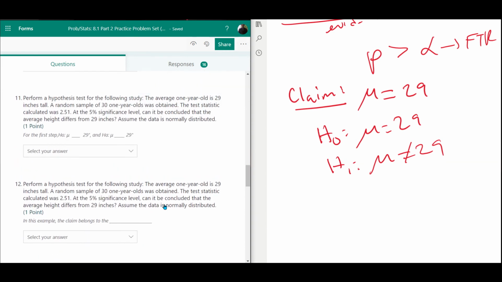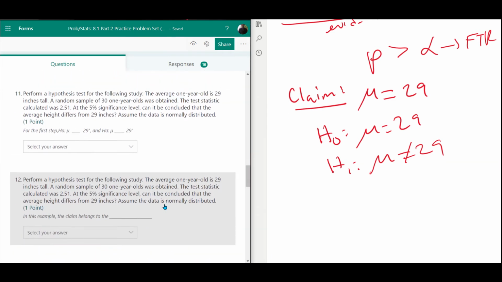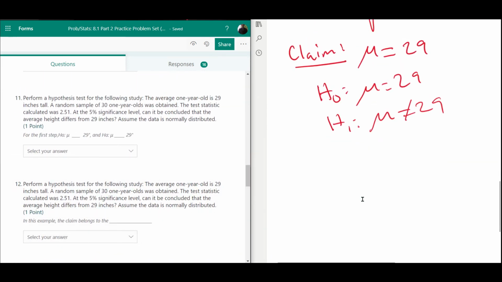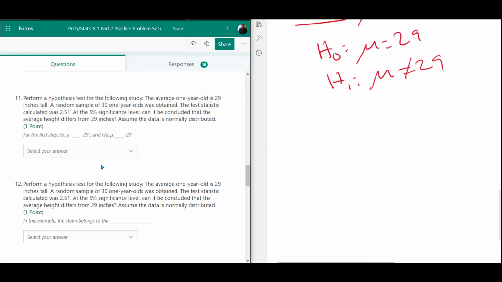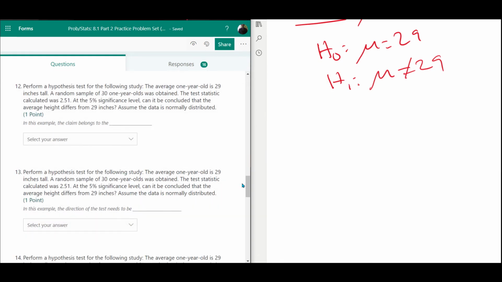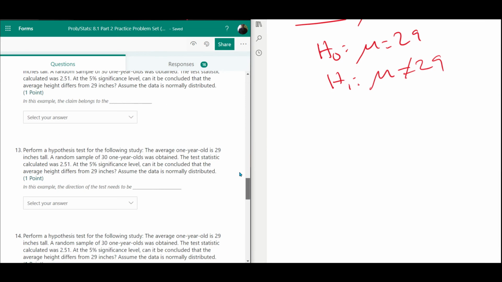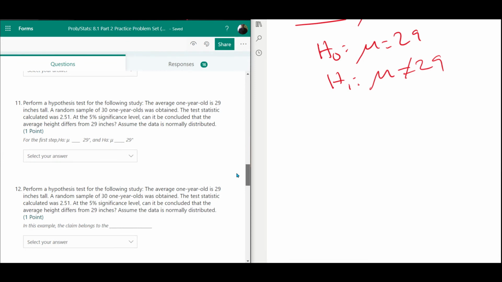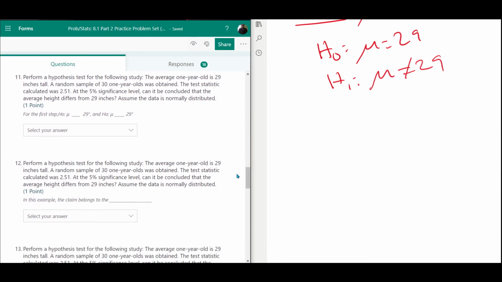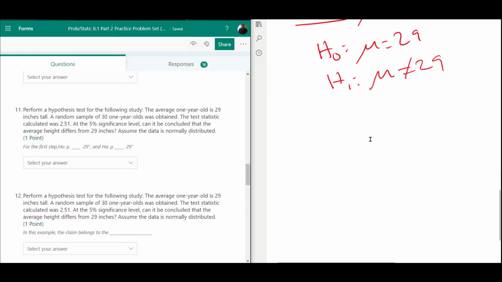If you don't have this, these are just going to be bonus questions for you. It's weird because when you select an answer, it should give you another part, another question for another part. I'm not sure if that happened on your end if you only got 12 questions, but there are actually multiple parts because you got to do a hypothesis test. So I guess basically these are going to be some bonus questions if you don't have this.